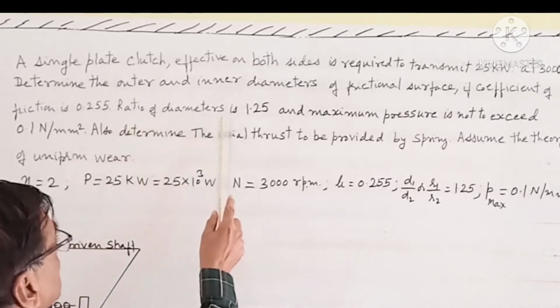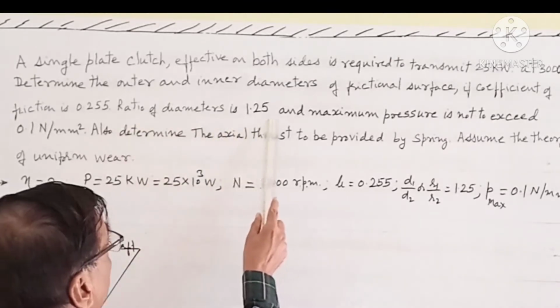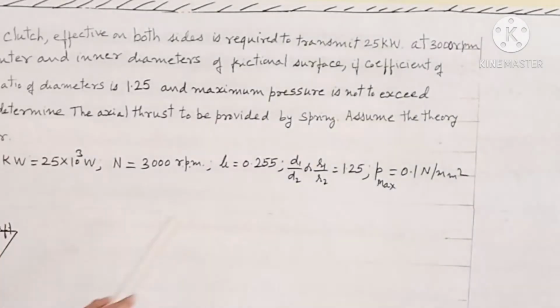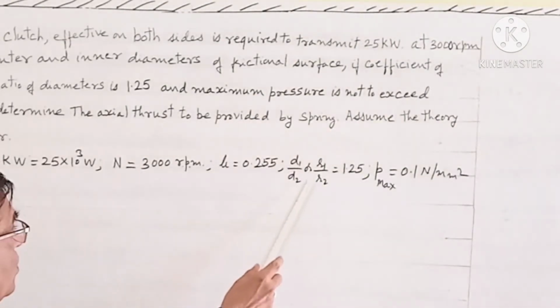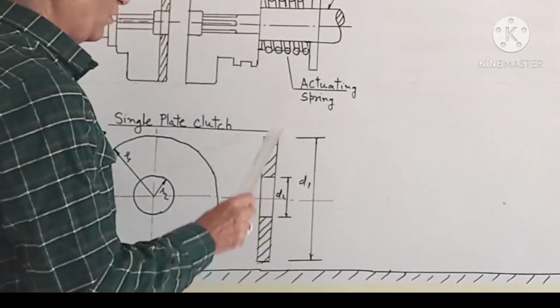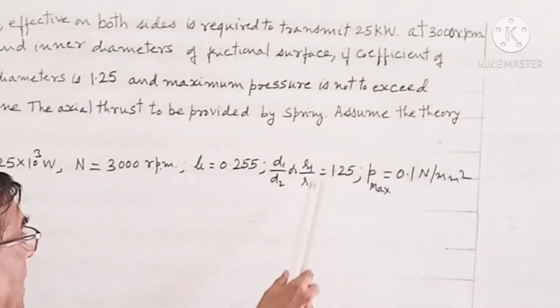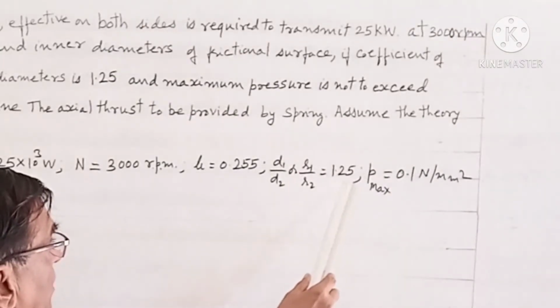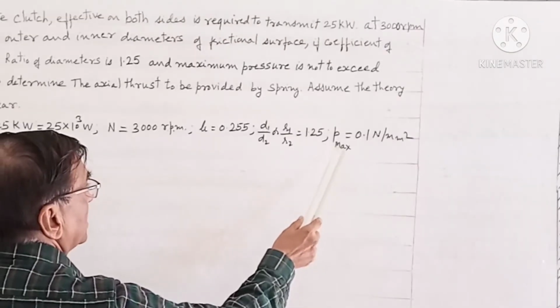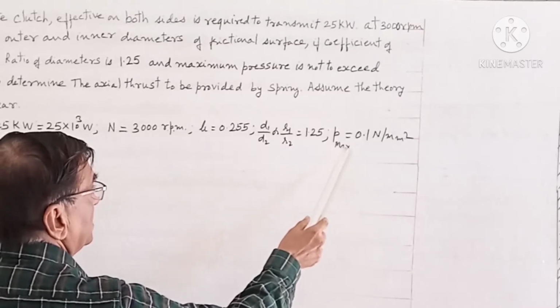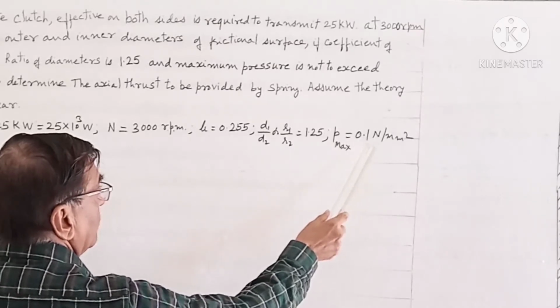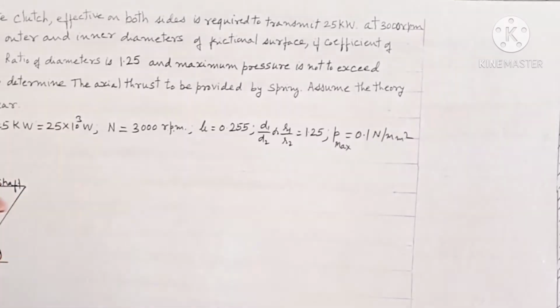Ratio of diameters is 1.25, means D1 upon D2 or R1 upon R2 is equal to 1.25, and maximum pressure intensity P max is equal to 0.1 Newton per millimeter square. This is the given data.